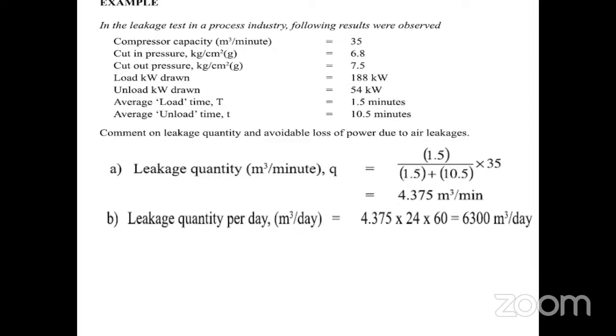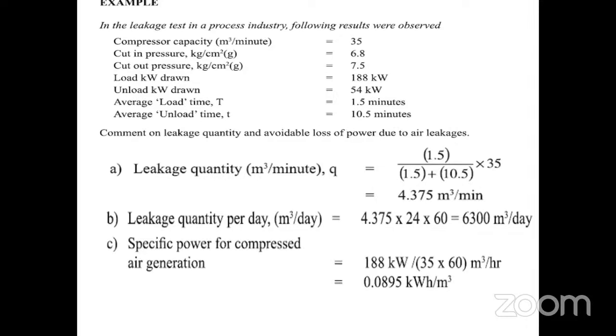The leakage quantity per day will be equal to 24 into 60. Specific power consumption. Sorry, you see this. Specific power consumption, the load drawn is 188 kilowatt. That 188 kilowatt divided by the compressor capacity, 35 meter cube per minute.